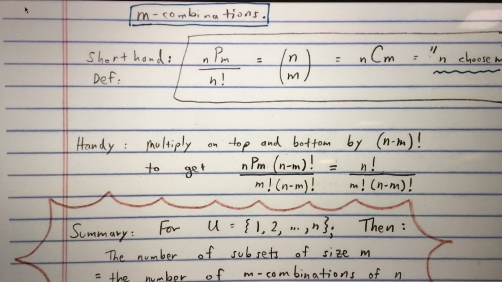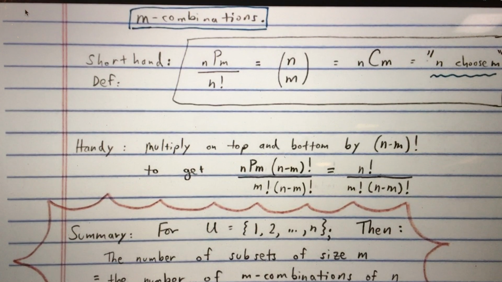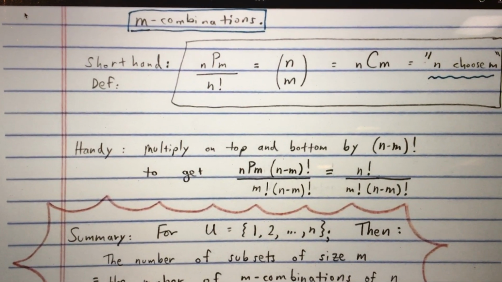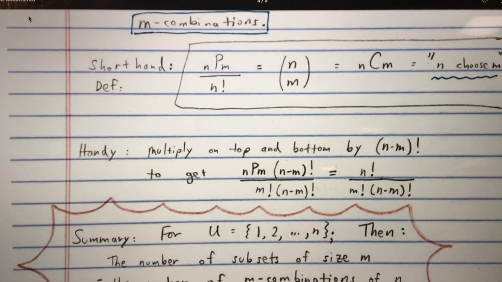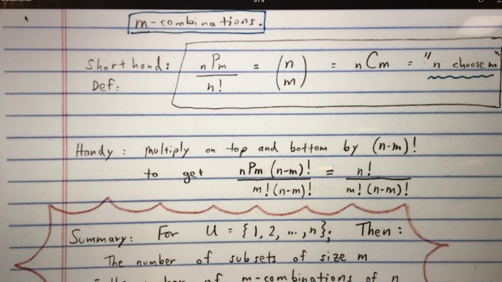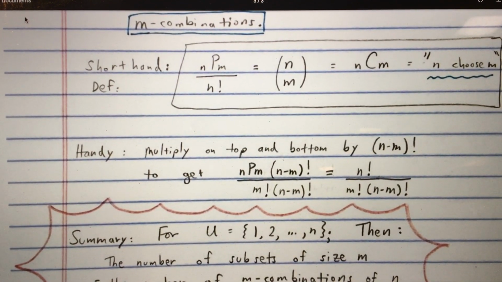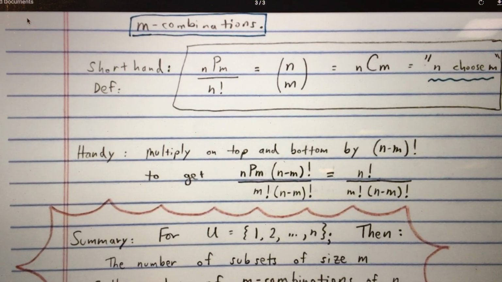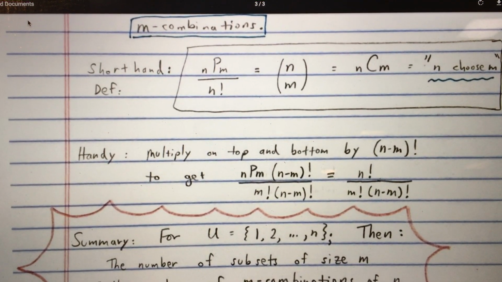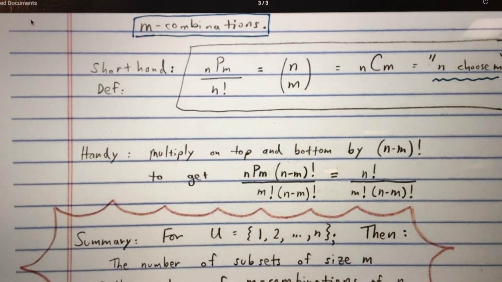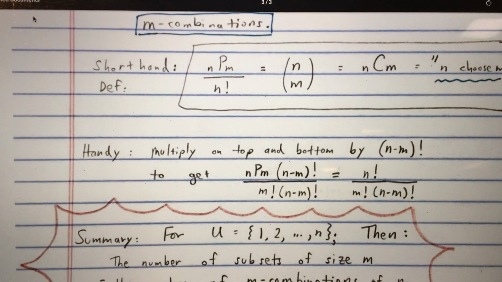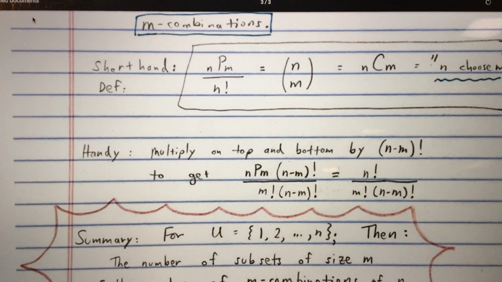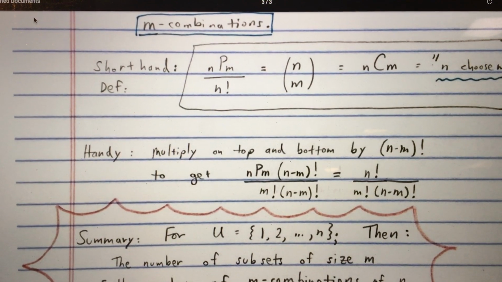Then there's some more handy formulas. So we could have a nice formula all in terms of factorial, which can be nice if you're using a computer or a calculator that has those buttons. To get this formula, we multiply on top and on the bottom by n minus m factorial. So the original fraction was nPm over m factorial, but now multiplying on top and bottom by n minus m factorial gives you, on the bottom, nothing new.